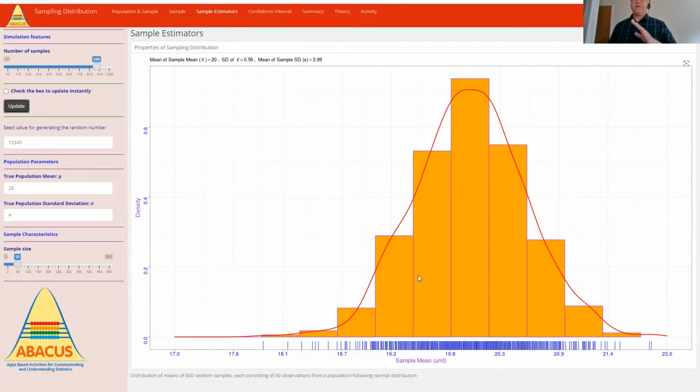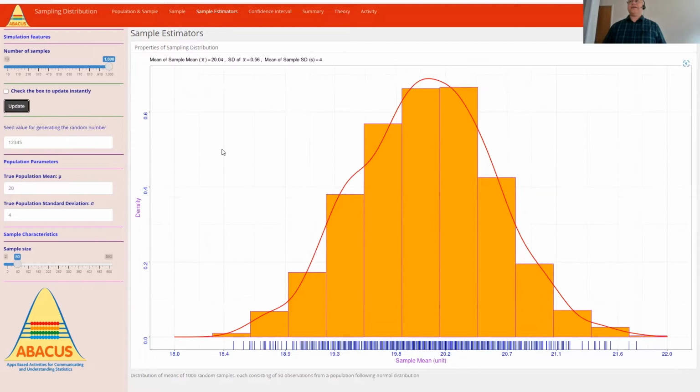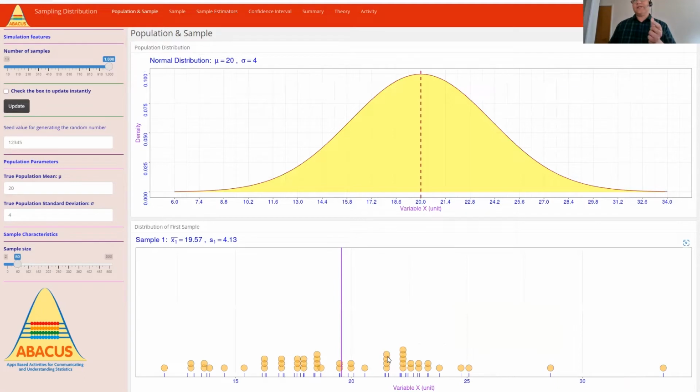So if it is at all possible to do an infinite number of samplings, or let's say 1,000 samplings, then the mean of all those 1,000 sample means will be equal to the population mean. Of course, we will never do that, but what we have to know is the uncertainty in our measurement of that one sample mean.